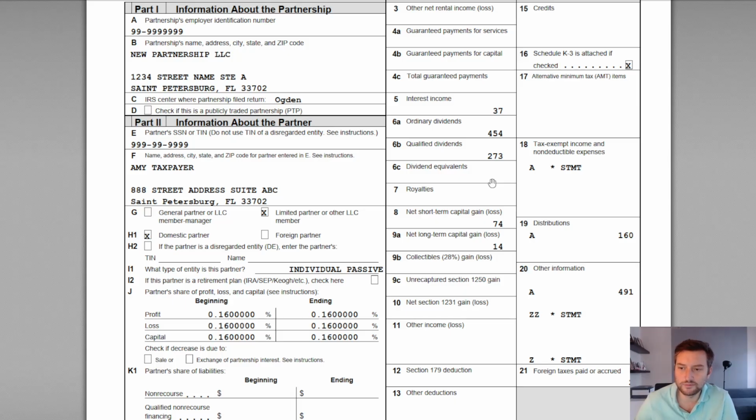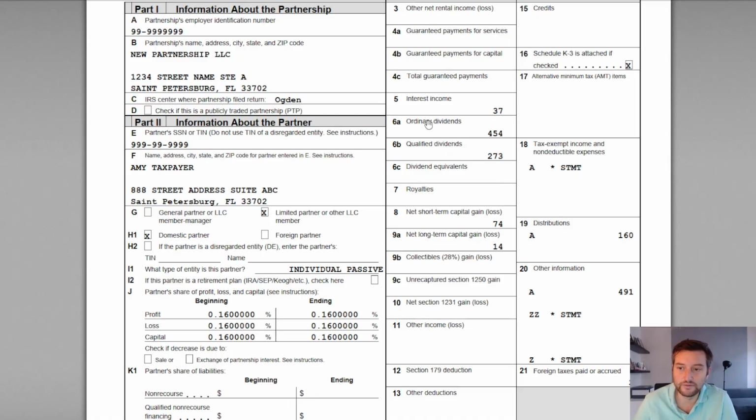Now with partnerships, it's important to always remember that when you think of these income items being allocated to you, you have to consider, well, if there wasn't a partnership structure in place here and I was just holding these assets directly and earning the income, where would they be reported?